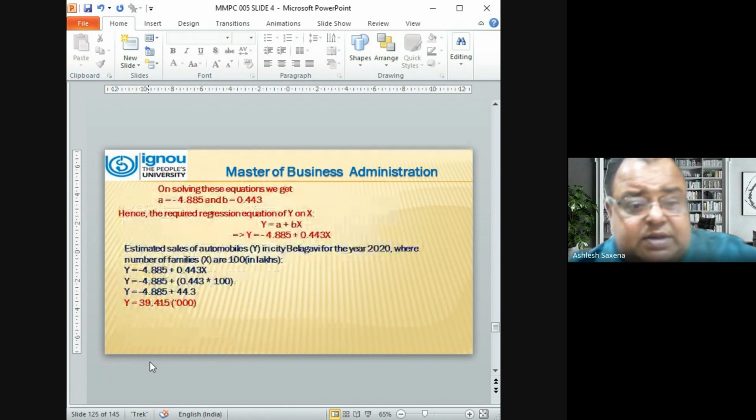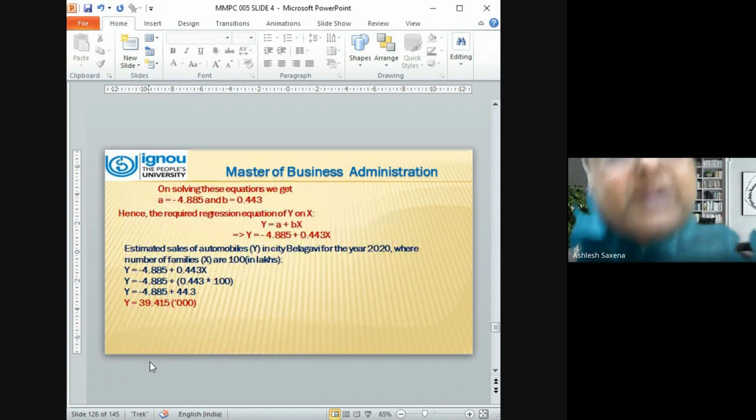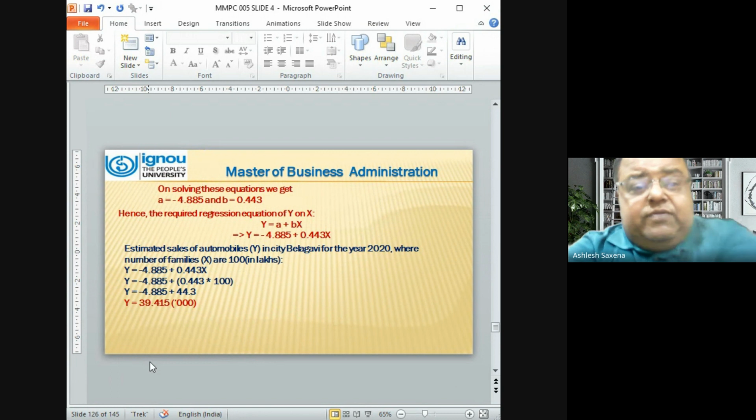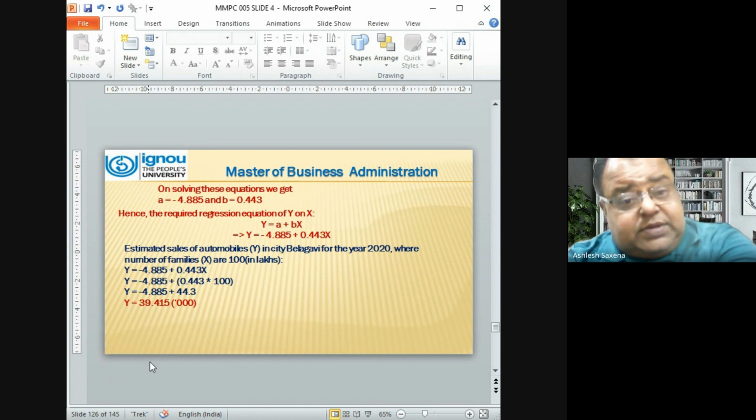After solving, we get a is equal to minus 4.885 and b equal to 0.443. That means we get an equation y is equal to minus 4.885 plus 0.443x.